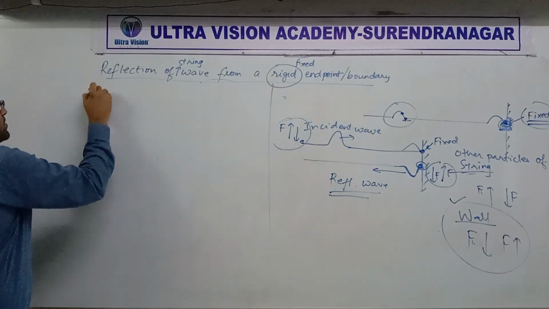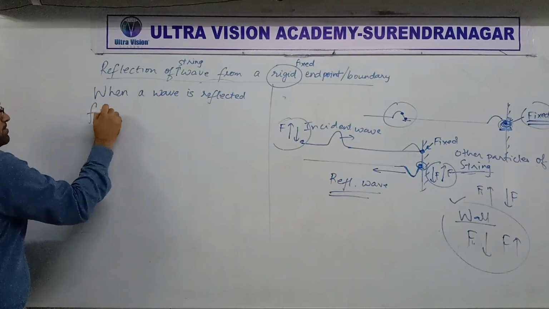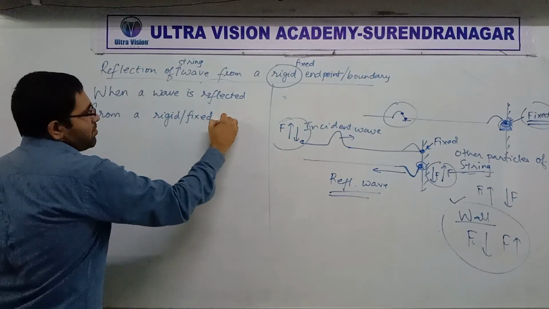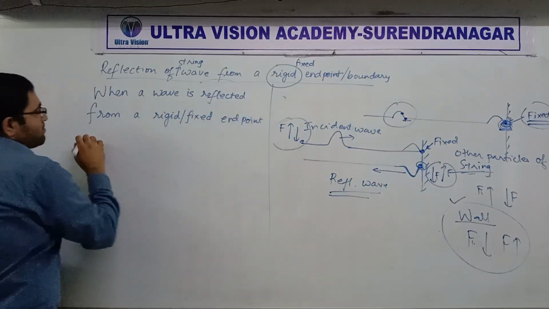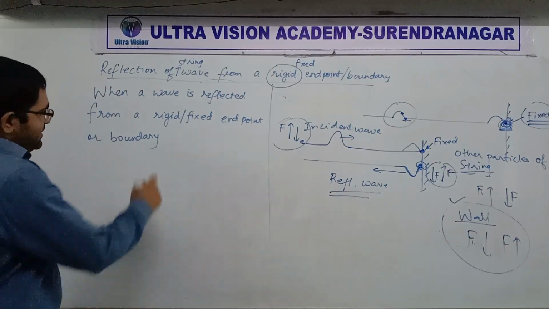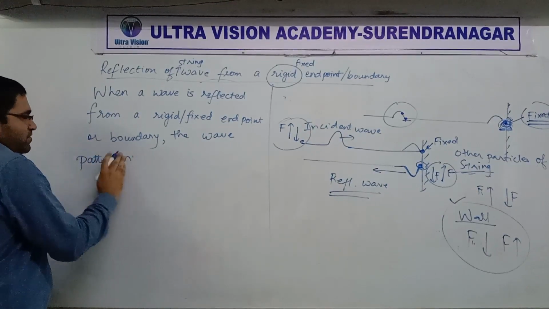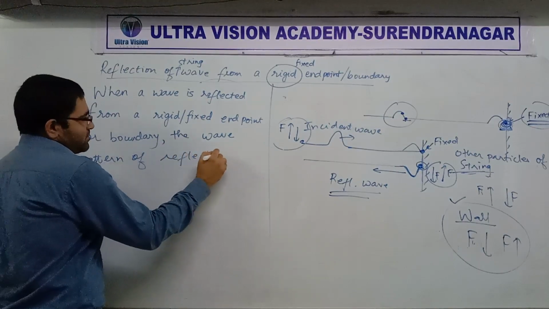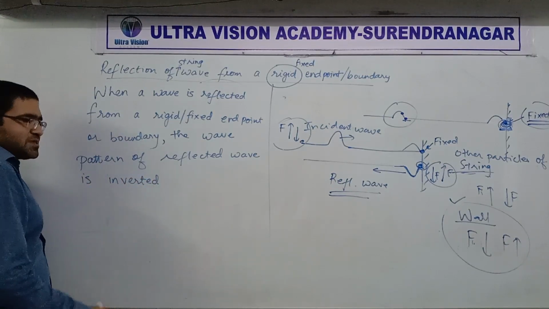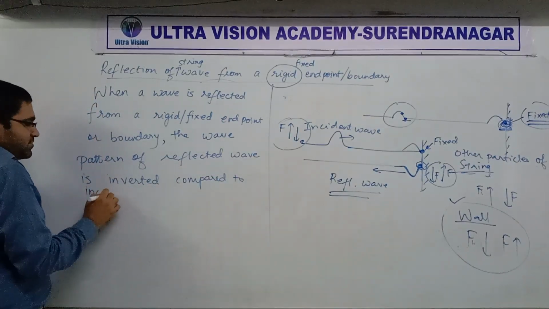When a wave is reflected from a rigid or a fixed, that is immovable, remember, endpoint or boundary, the wave pattern of the reflected wave is inverted compared to the incident wave.